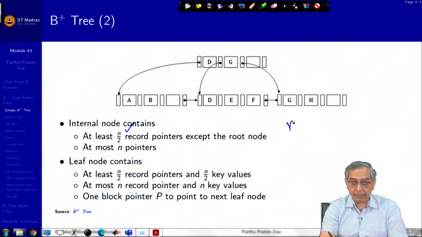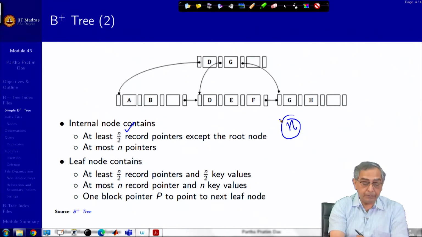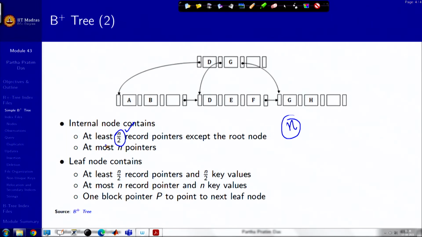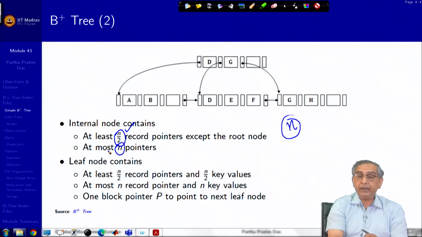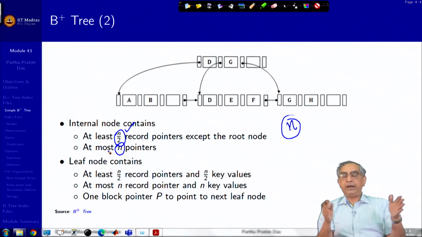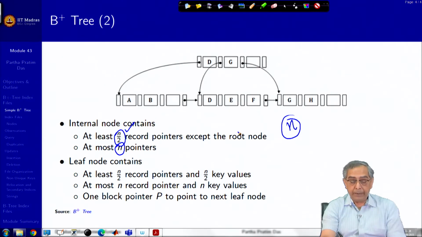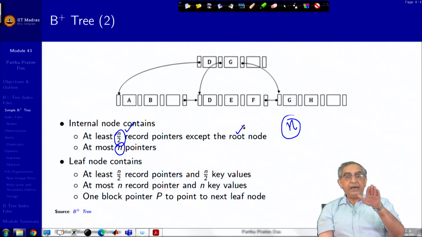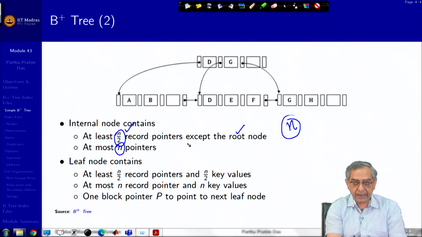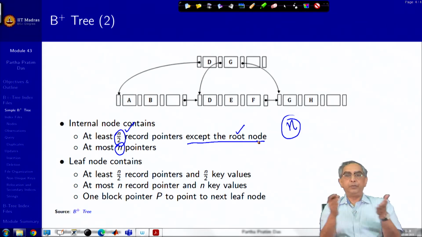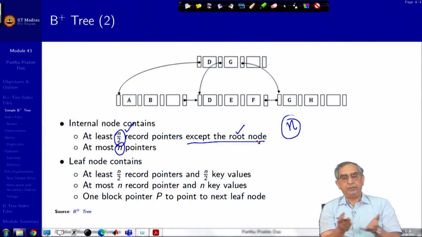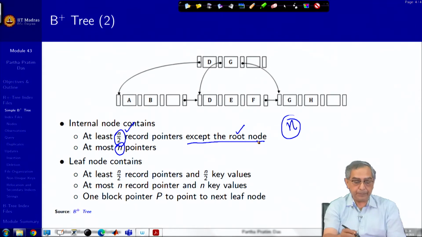So, of the possible number of record pointers with keys that it can fit, at least n by 2 must be there, and at most naturally n can be there. When n are there, it is totally full, but at any point of time it has to be at least half filled. Naturally, the exception is the root node, because the root node is starting. At the beginning you may not have enough keys that have gone into the tree, so it is possible the root node will have very few keys.